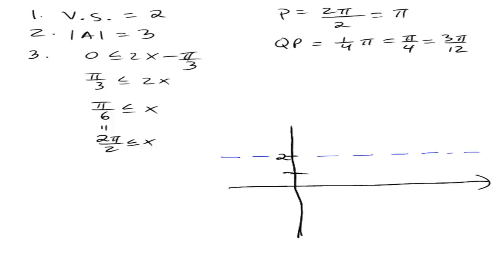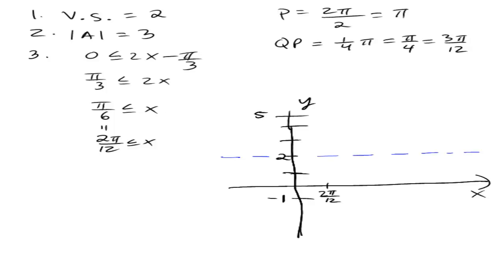Okay. So my amplitude is 3. From here I'm going to go up 3, so 1, 2, 3. That's going to go to 5. And then go down 3 to -1, so 1, 2, 3 to -1. And now I'm going to label my x-axis. My x-axis starts at pi over 6, or in this case we converted that to 2 pi over 12.